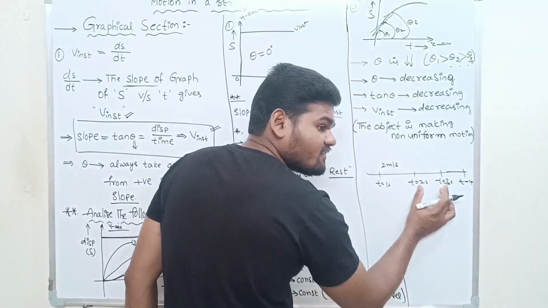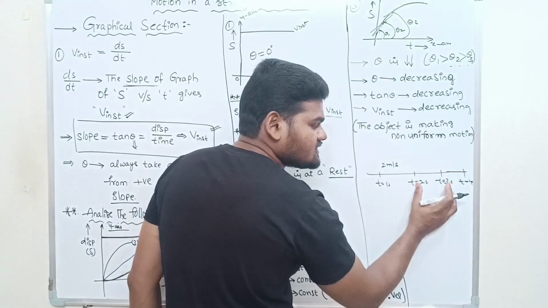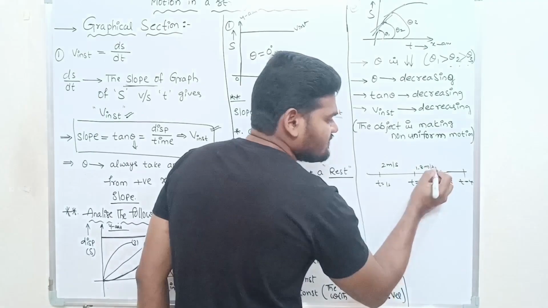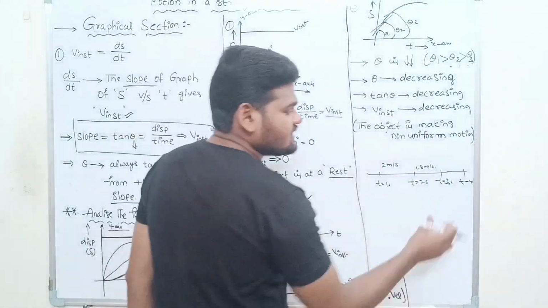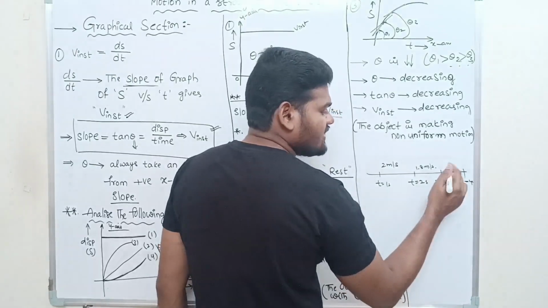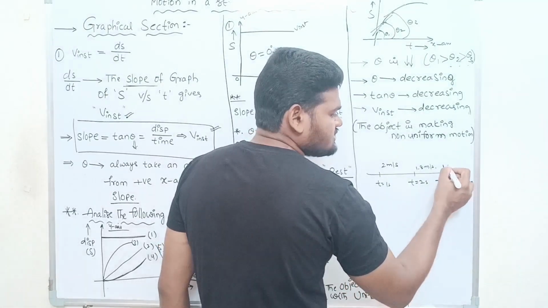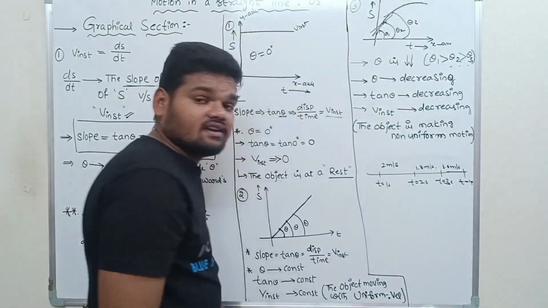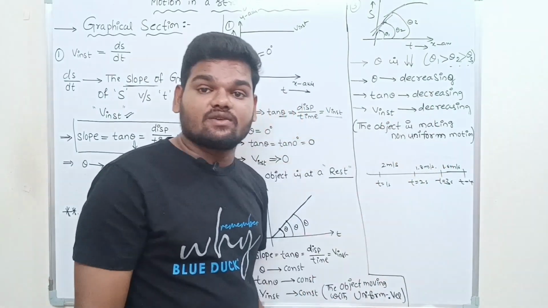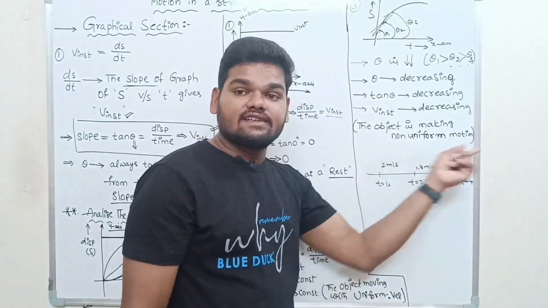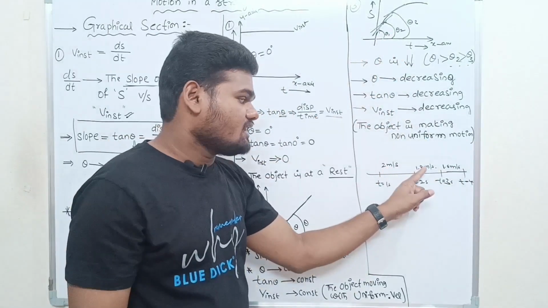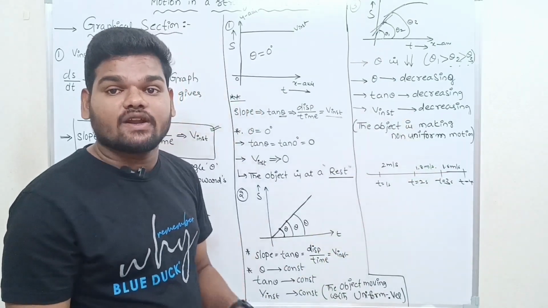Next, between t equals 2 and t equals 3, the velocity is, let us say, 1.8 meters per second. And between t equals 3 and t equals 4, the velocity is 1.6 meters per second. That means the velocity of the object decreases with respect to time. Therefore, it is called non-uniform velocity.